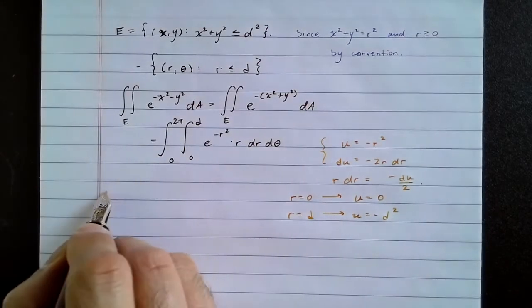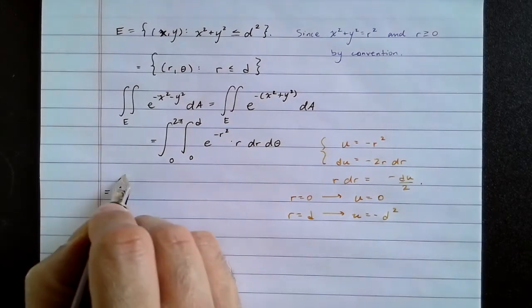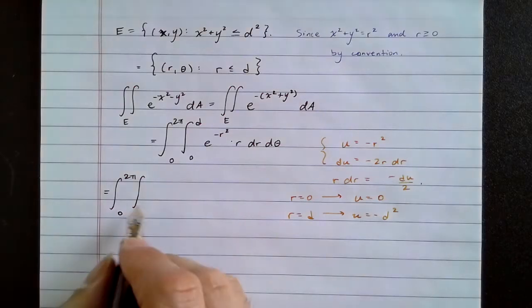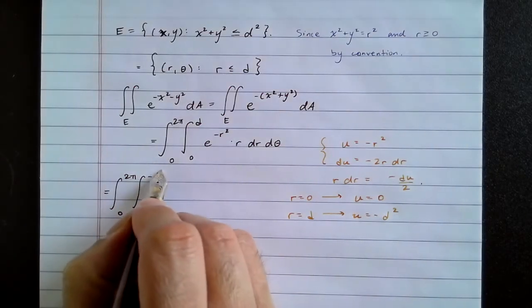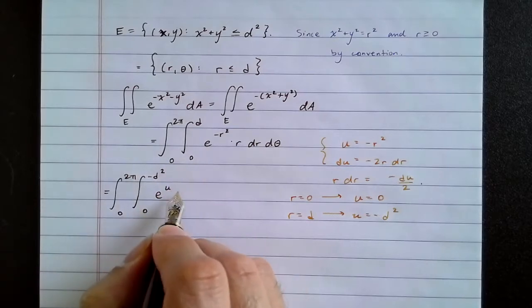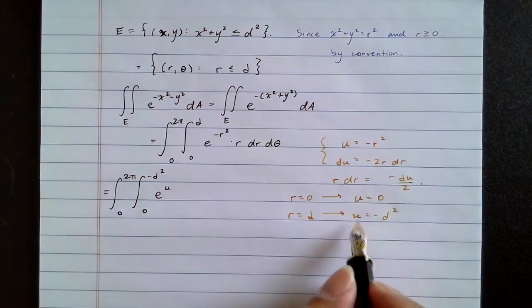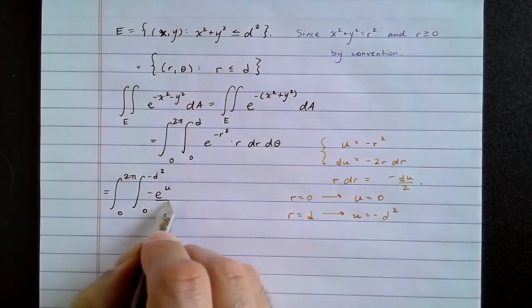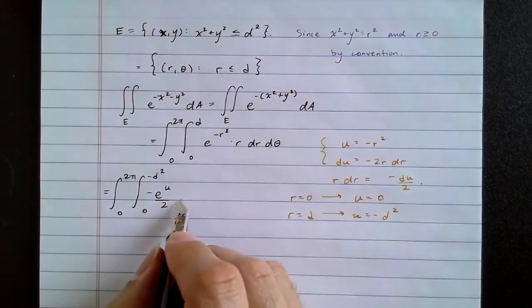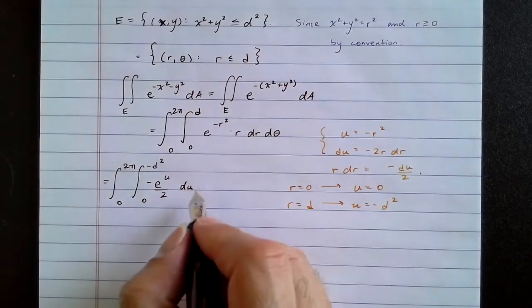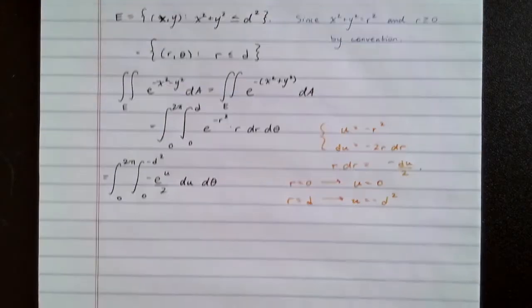So giving myself a little bit more room here. And we have to multiply by the negative half, du d theta.